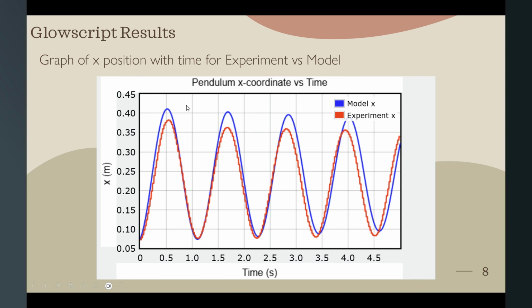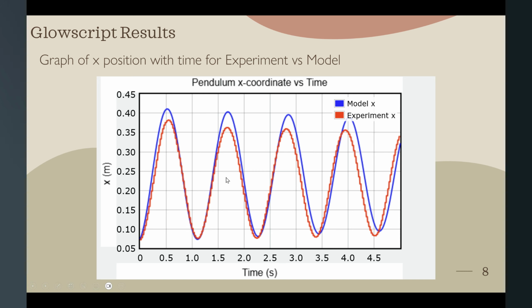When we run it, this is how the graph of x position with time for experiment versus model looks. You can see it's pretty close, and the red graph is slightly grainy, and this is because of the time steps between each point where we graph the x coordinates. It's below the model just because of damping. Each time it oscillates, it loses energy because of interaction with air particles.